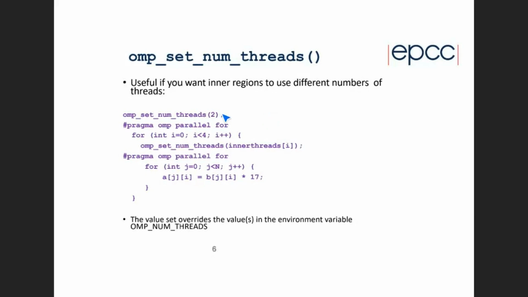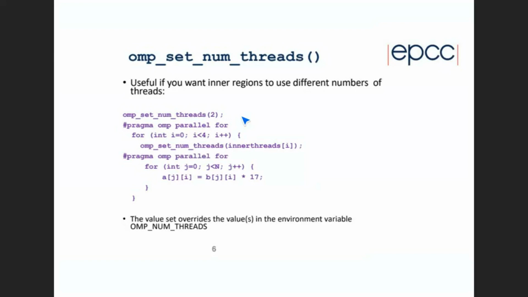So it's possible to squirrel a call to omp_set_num_threads away somewhere in some obscure function, and it can be very unclear whether, when and where this function is being called and how it's being used to control the number of threads.